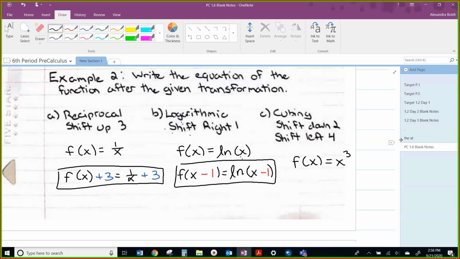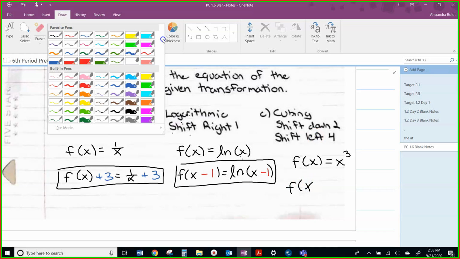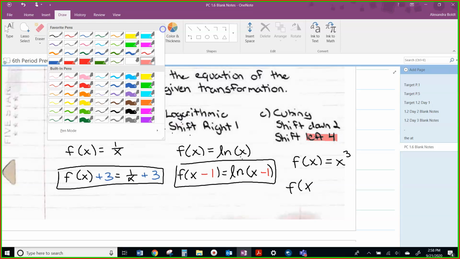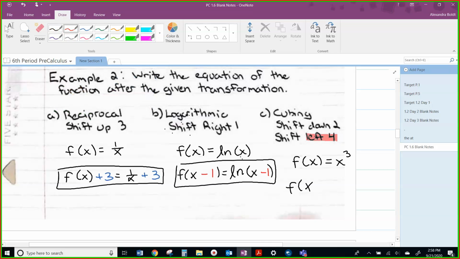Second, I'm shifting left. So I have something happening inside my parentheses and outside my parentheses. The shift left is going to affect the inside. Inside, it's opposite. Left is usually negative, so we're going to do the positive.